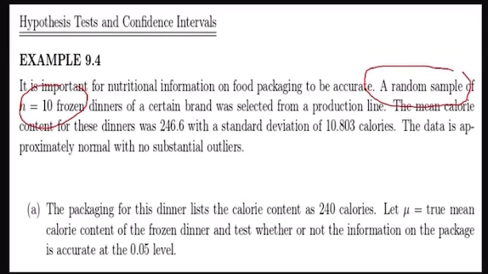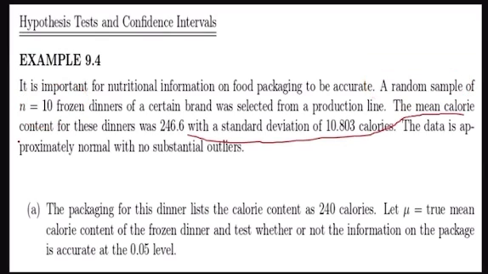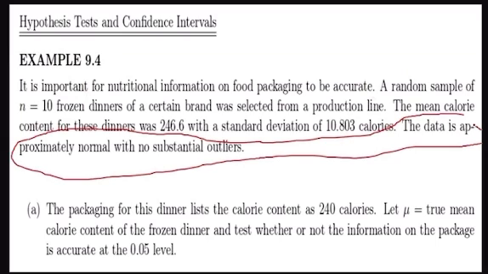Because it's less than the threshold set by the central limit theorem of a sample of at least thirty. But they gave you information here that the data from which the sample was chosen is normal.